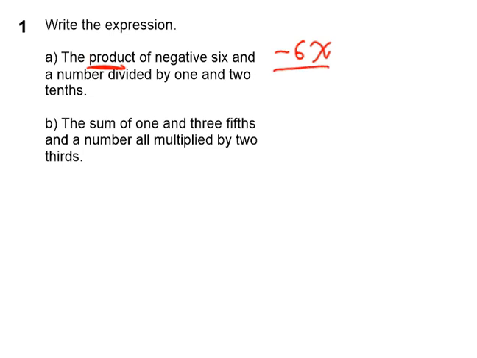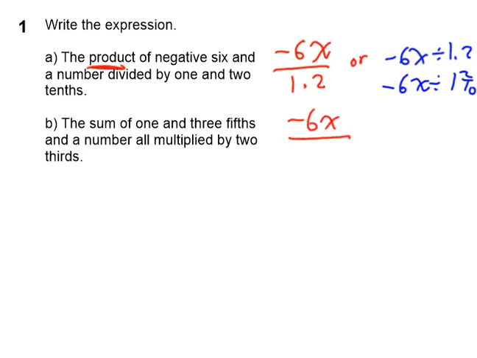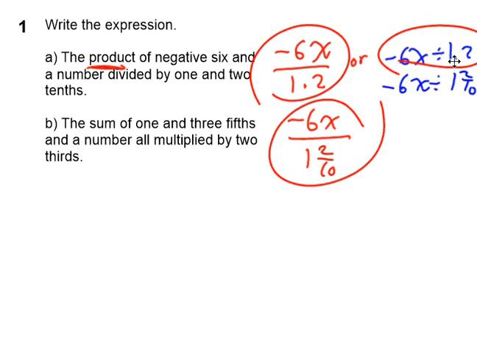Now you could write it like that, or you could have written it as -6x divided by 1.2, or you could have written -6x divided by 1 and 2/10. Okay? So all of these are the exact same thing, 1, 2, 3, and 4. So depending on which one you used, it is the correct answer.